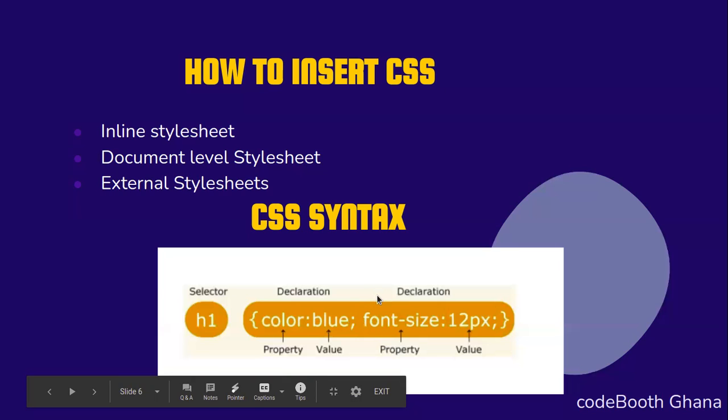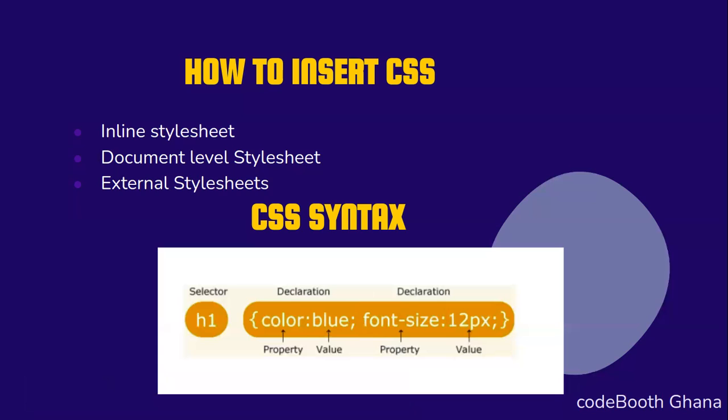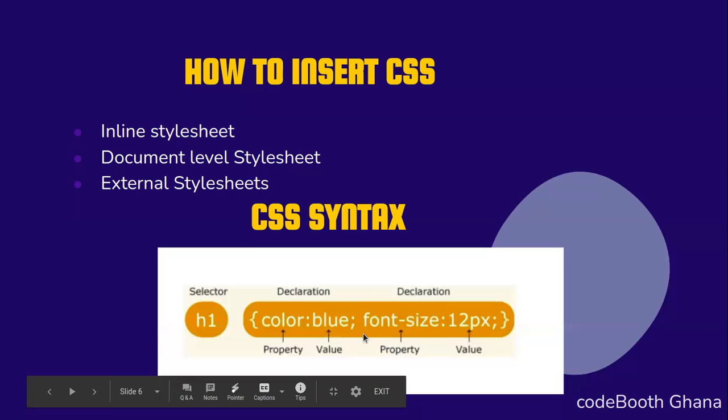Then you can also add font size, the size of your font. Something like what we all know in Microsoft Word. It is the same thing here. So you write font size. Look at how it is being written. It is not one word. We have the dash between it. This is how you write it. Then you introduce your colon, 12 pixels.